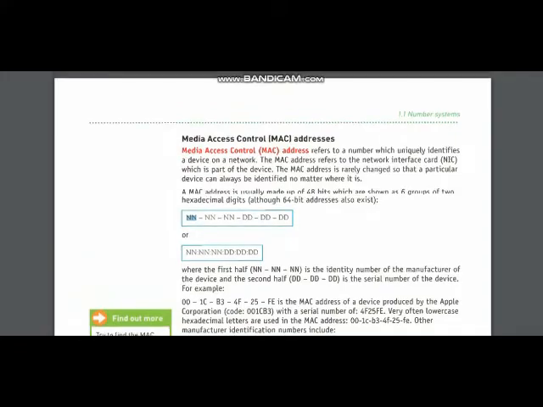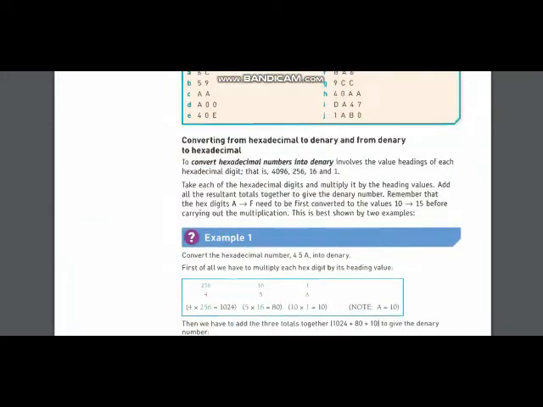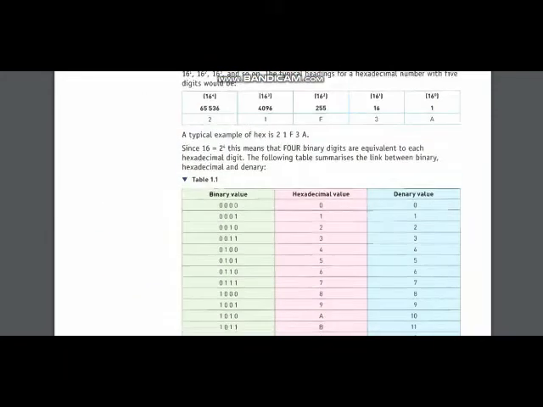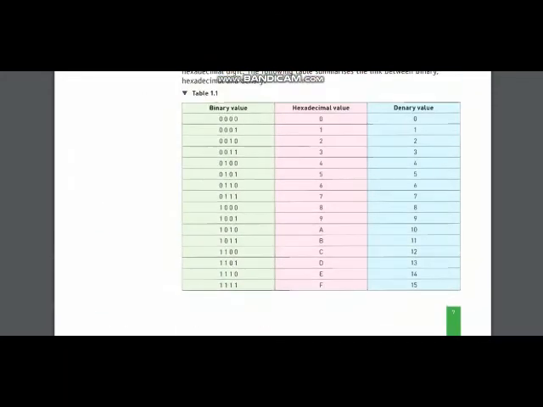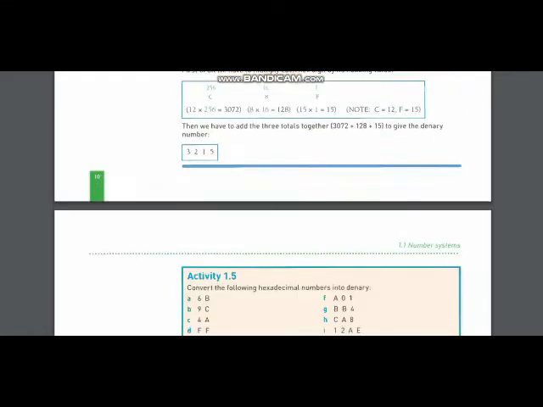You can see this from the table given on page number 7 of your books, that one hexadecimal digit only occupies half a byte. It means in 1 byte you can accommodate 2 hexadecimal digits. This is what is represented over here.